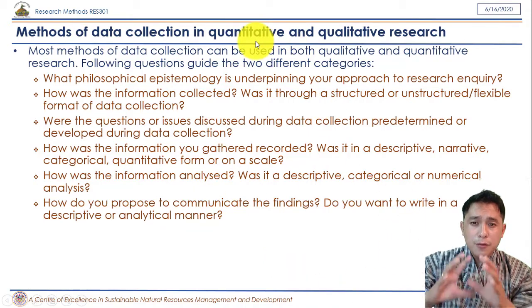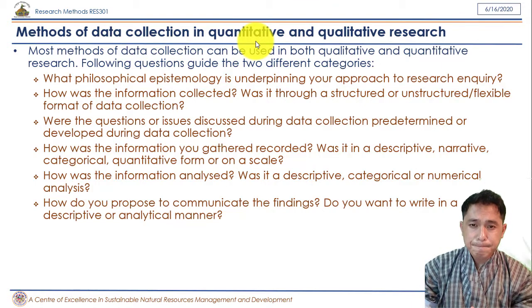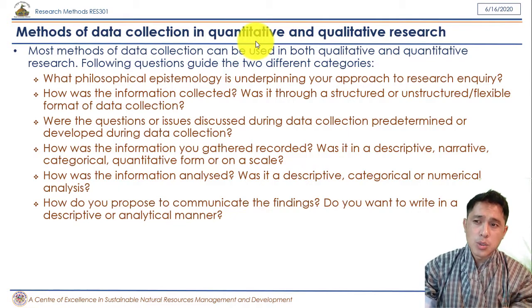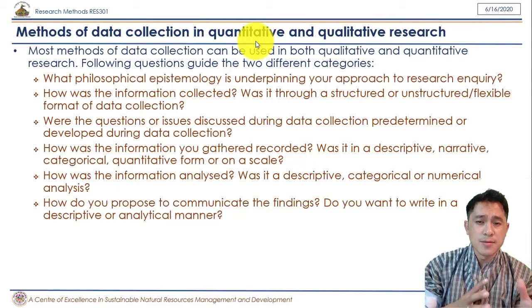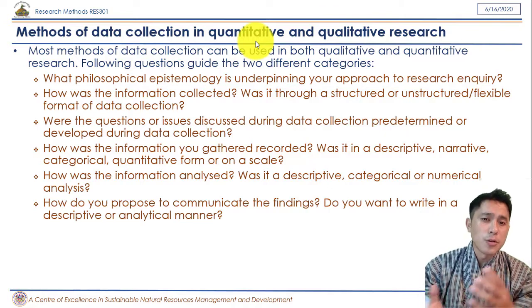There are a few different methods involved in the collection of data. We do not have an exhaustive list. We just have a few, and these few methods are not restricted to quantitative separately and qualitative separately. Those methods which work for quantitative also work for qualitative, and those which work for qualitative also work for quantitative.